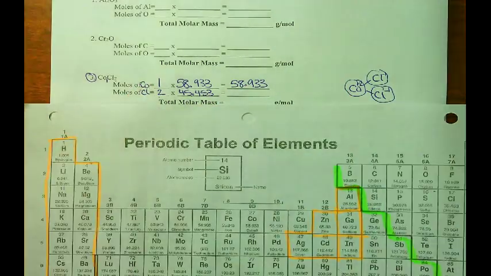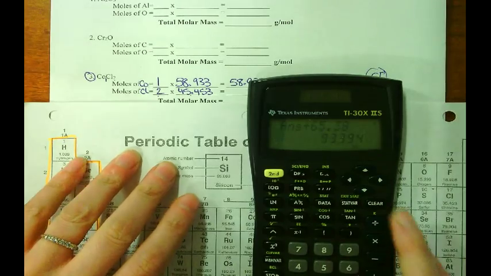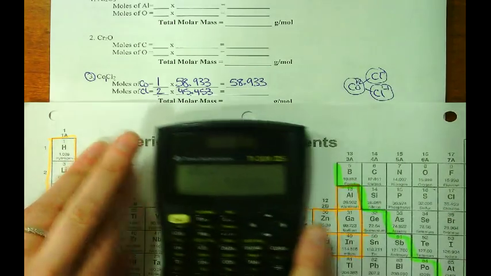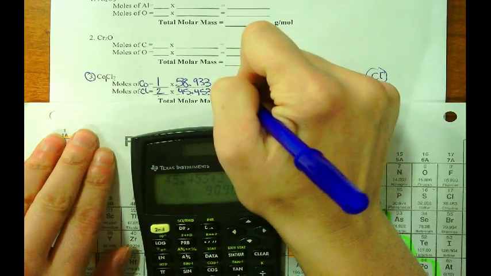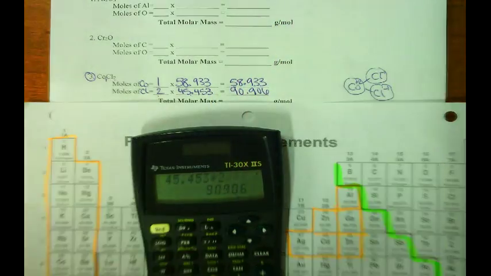Then 2 times, I have 2 moles of chlorine. Each mole weighs 35.453, times 2 moles, because I've got 2 of them, is 70.906. Now remember, you're not allowed to round on this at all.